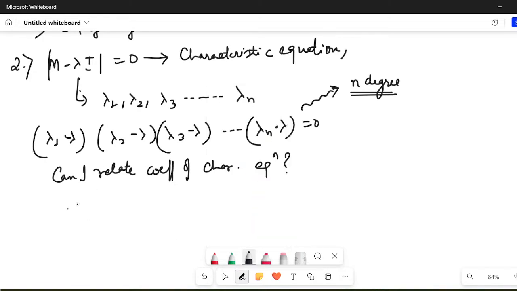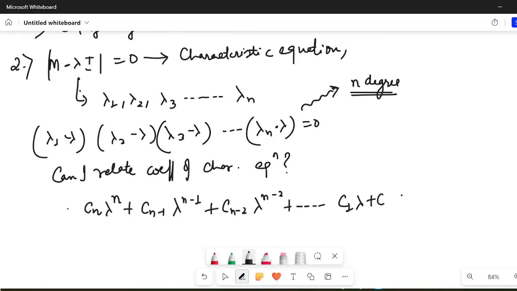So let us say that the characteristic equation that comes out by solving the secular determinant is Cn lambda to the power n plus Cn minus 1 lambda to the power n minus 1 plus Cn minus 2 lambda to the power n minus 2 dash dash plus C1 lambda plus C naught equal to 0. If you remember, when your equation was ax square plus bx plus c, this c was the product of roots.